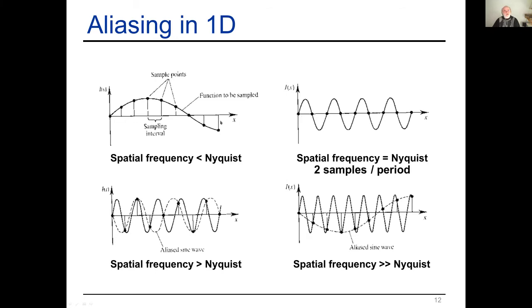And so obviously the reconstruction of that function would be 0. So sampling at exactly the Nyquist limit is not enough. You have to sample at higher frequencies. Of course, if you shift these samples a little bit, then you get all sorts of other reconstructions.